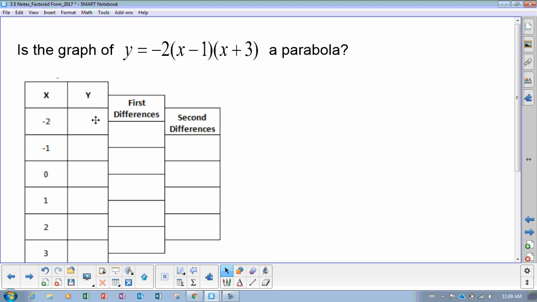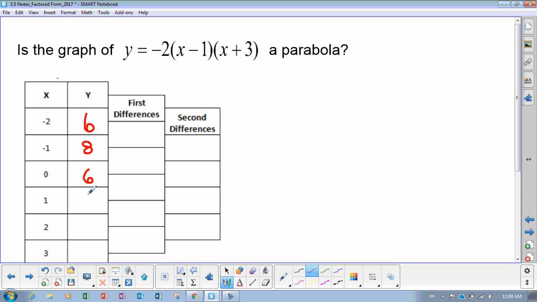So we are going to have +6. Then we will have -2 multiplied by 2 will give us -4. And then we are going to have 8. Okay. 0, we will have -1 times 3 is -3 times -2 is going to give us +6.